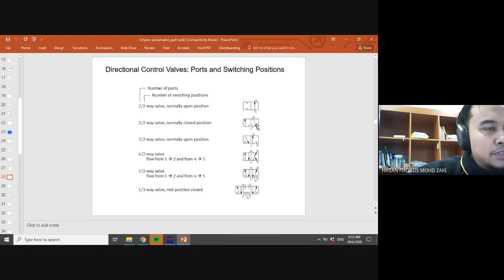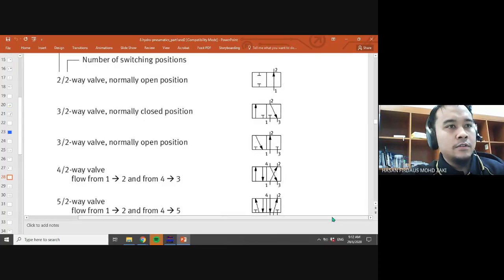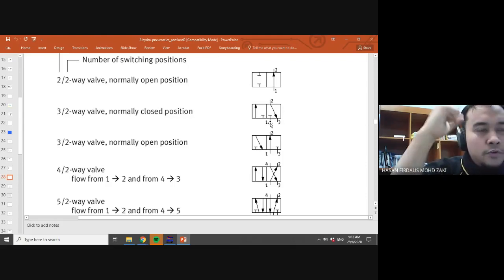The first position is at the right and the second at the left. The left also has three ports, the same as this one. But this one is not normally open; this one is normally closed. Why is it normally closed? You can see here, port 1 is always the port for the source, the source port.